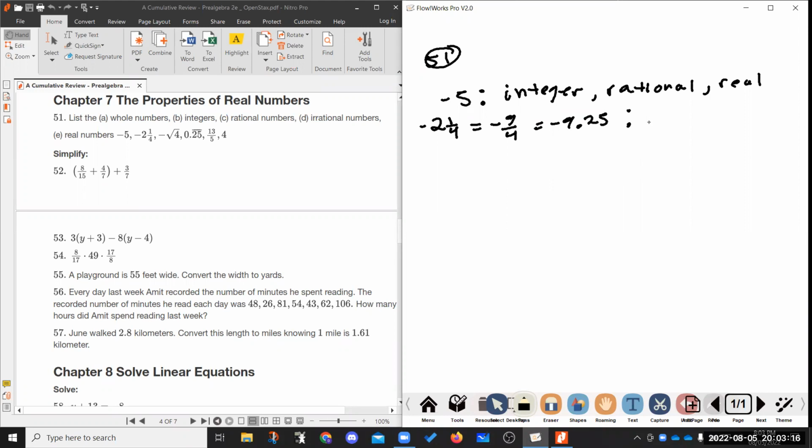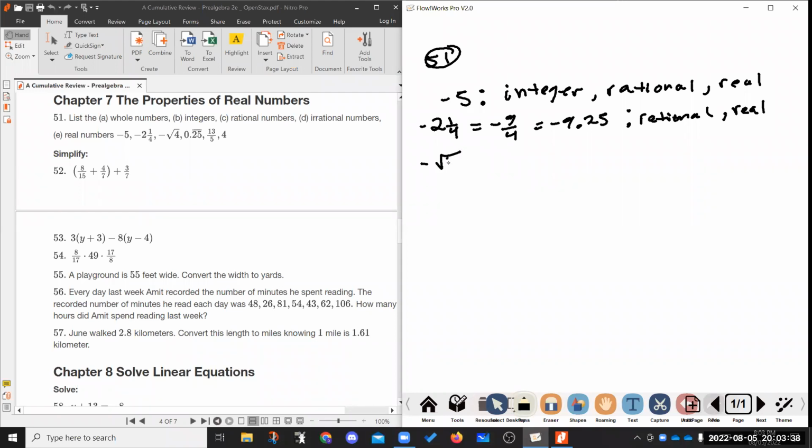It is rational because it can be written as a fraction. It is not irrational. It is real. Okay, it was not a whole number either because it had a fractional part.